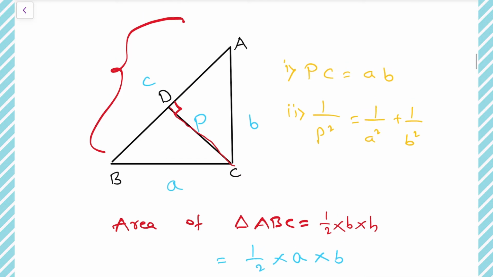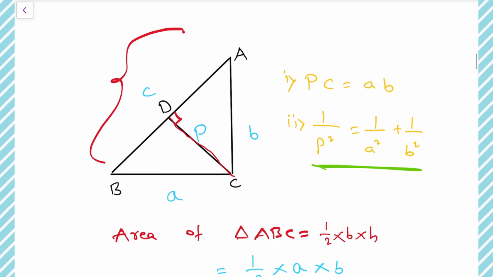Then the second question is asking to show that 1 by p square is equal to 1 by a square plus 1 by b square. Now, if we observe this right angle triangle clearly, right angle triangle means immediately we will go with the Pythagoras theorem, right? If we apply the Pythagoras theorem, hypotenuse square is equal to first side square plus second side square.